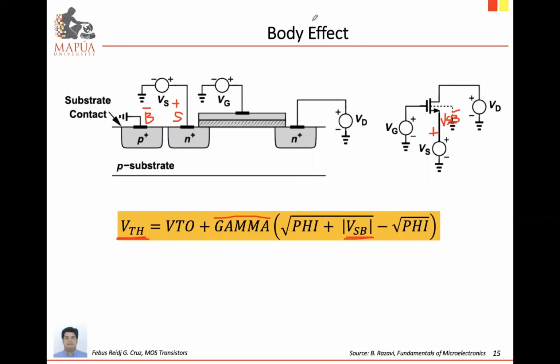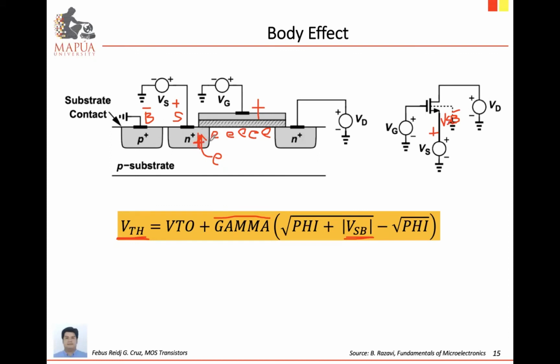Is that clear? Please confirm. Clear naman po. All right. In terms of attraction and repulsion of carriers, in this example the gate is positive. In case the source also has a positive voltage, then instead of attracting, let's say, 5 or 6 electrons, one of the electrons may be attracted towards the source because it is positive as well.